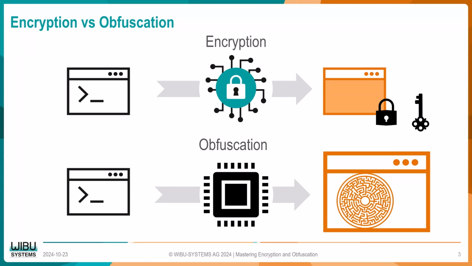Obfuscation, on the other hand, doesn't really change the code itself. It's still plain, but it makes it far more complex so that it looks like a maze, and it's not really that easy to see through it. So you really have to dig into all these different paths and all these complex operations to get the gist out of the program.